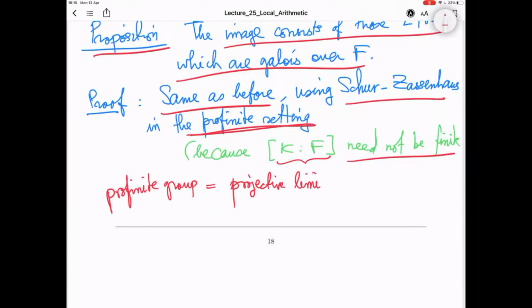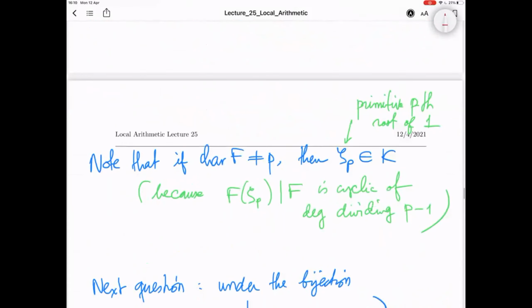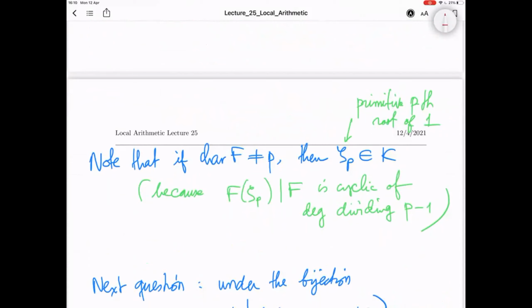So a profinite group is a projective limit of finite groups. And so it becomes a topological group, and the Galois theory works not for arbitrary subgroups, but only for closed subgroups. That's something which we are going to neglect. We don't really need it so much.